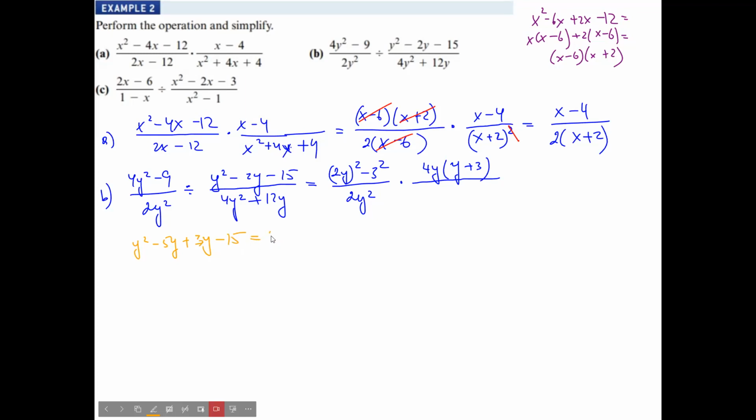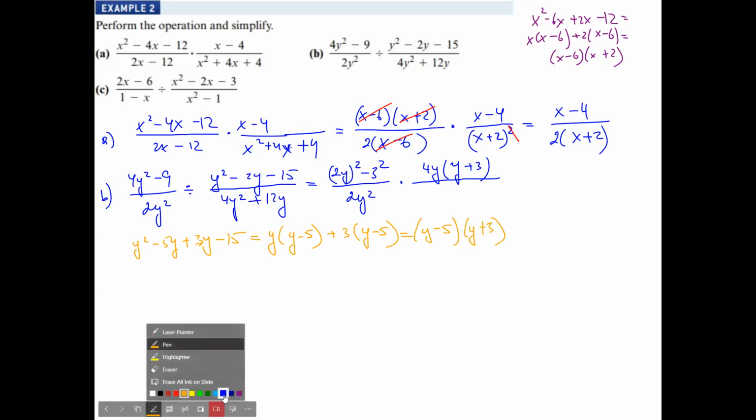And I take y outside, y minus 5. Here I take 3 outside, y minus 5. And I have (y minus 5)(y plus 3). It means that this trinomial can be factored as that.